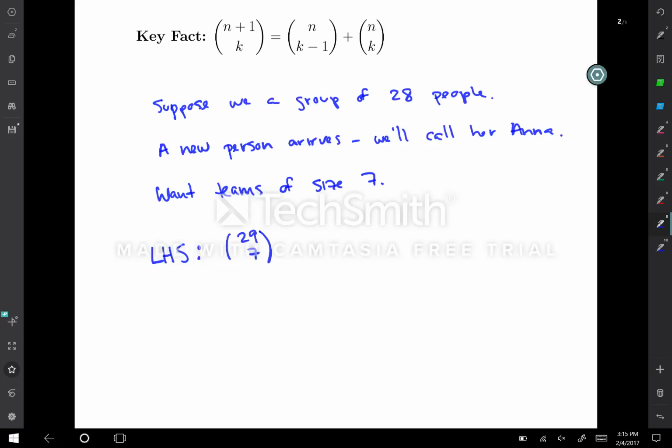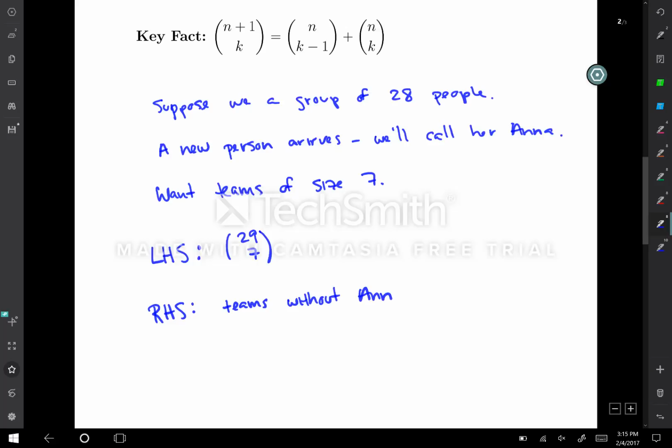Now, another way that we could think about this is given to us by the right-hand side. On the right-hand side, we'll first consider all the teams without Anna. So teams without Anna are given to us by, there's 28 people, not including Anna, and we're going to choose 7 people to be on the team.